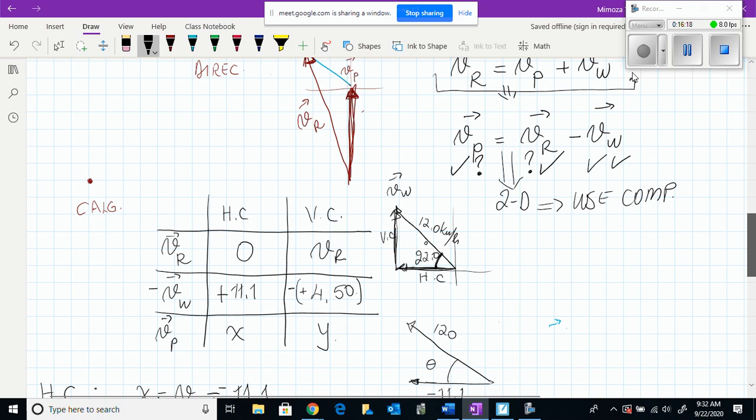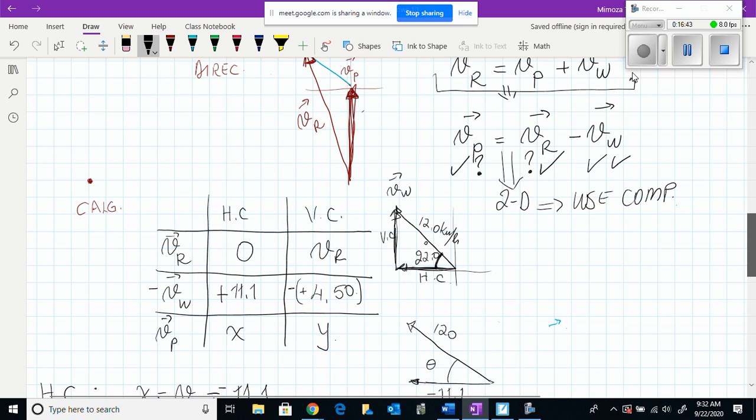We don't know the direction. This is what we are looking for. We don't know the magnitude of the resultant velocity, but we do know the direction. It's going straight north. And for the wind, we do know both magnitude and direction. But since this is a 2D situation, we will use components.